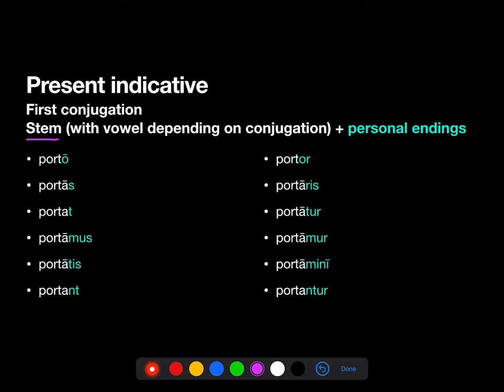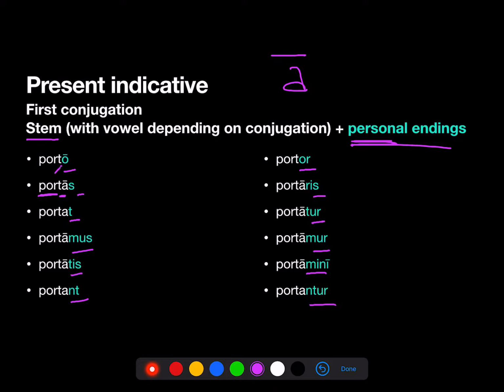Remember that the vowel of the first conjugation is long A. And then personal endings. Personal endings show you what person the verb is, what its subject is. So we take the stem and that vowel and the personal endings, o, s, t, mus, tis, nt for the active, or, ris, tur, mur, mini, ntur for the passive.